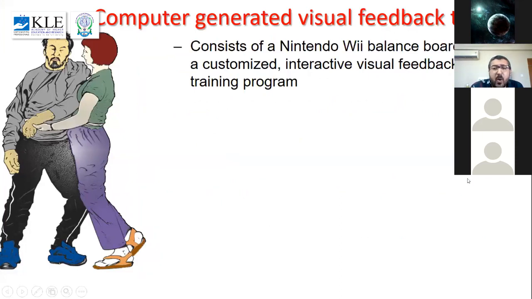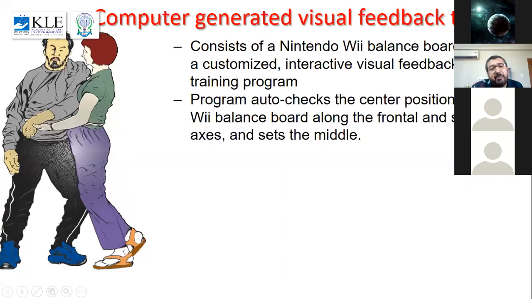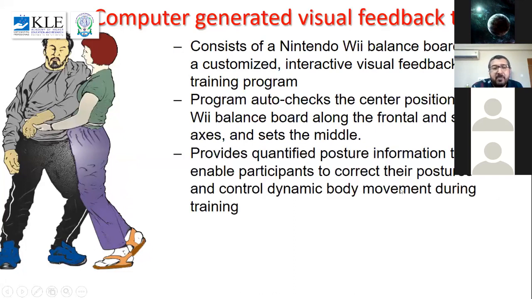Now, computer-based, virtual reality and other things are nowadays becoming very common in rehabilitation. Units like Wii as well as equivalent units, balance monitors, as well as posturography units can also be used, because they provide information about the position of the body in space, the center of pressure, and you can teach the patient how to move away from the affected side, so that the center of pressure moves more and more close towards the midline, and eventually even towards the unaffected side, so that the posture becomes better.